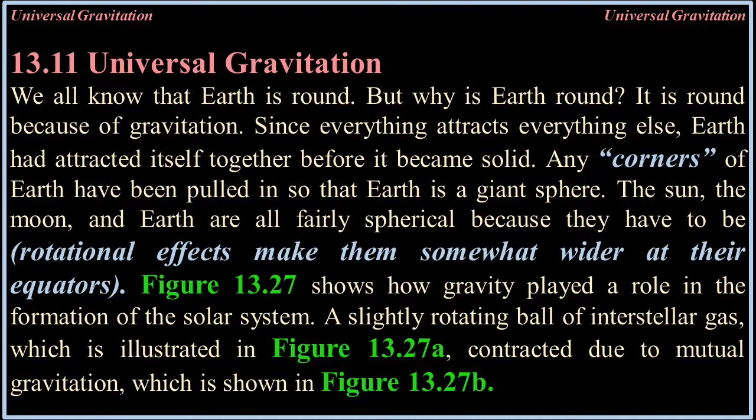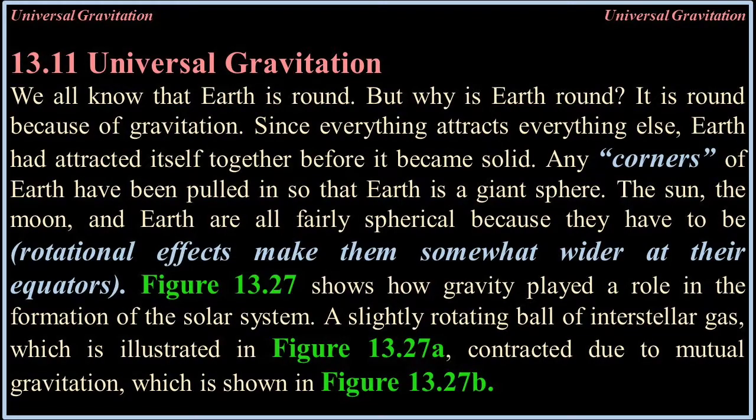Universal gravitation. We all know that Earth is round, but why is Earth round? It is round because of gravitation. Since everything attracts everything else, Earth had attracted itself together before it became solid. Any corners of Earth have been pulled in so that Earth is a giant sphere.